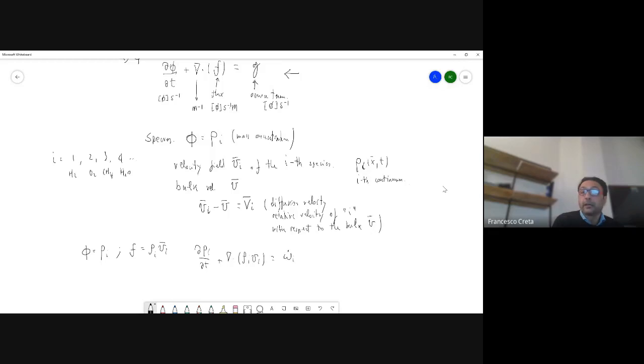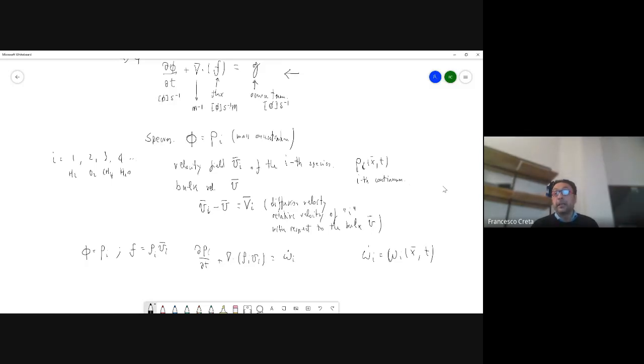It's omega I, okay? It's the rate of production or destruction of species I in every point and at every instant. So this would also be a function of space and time.